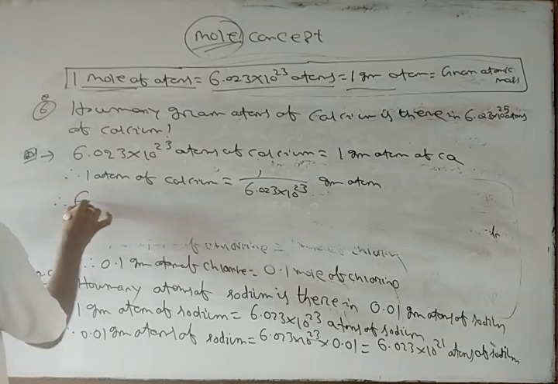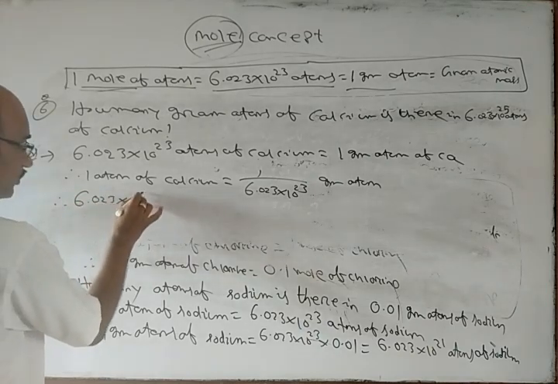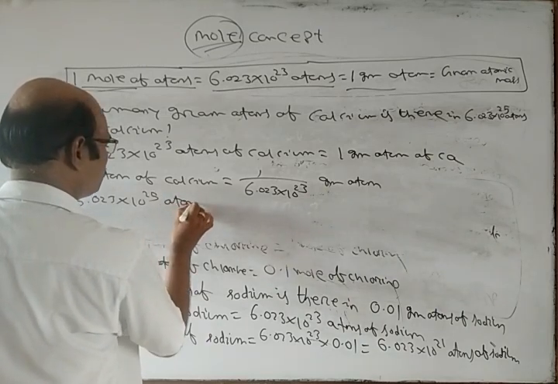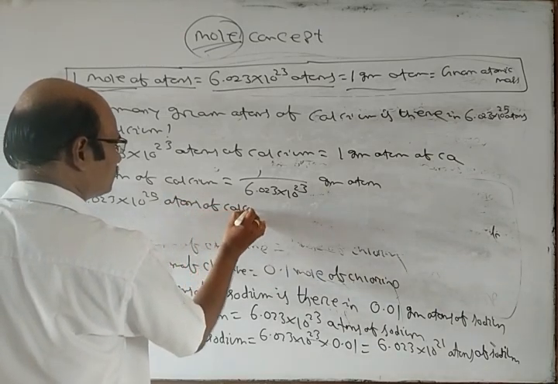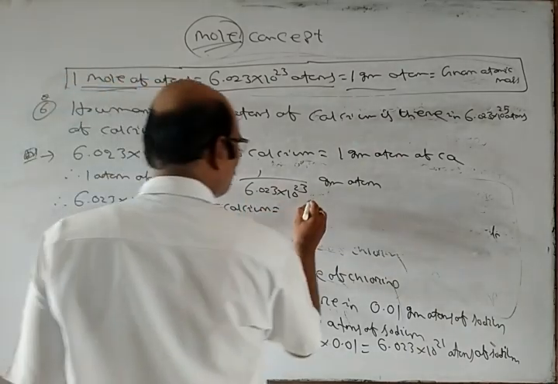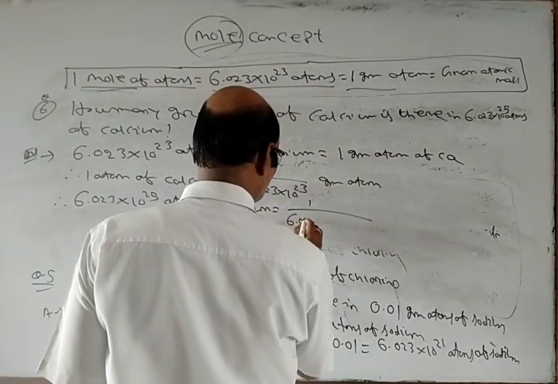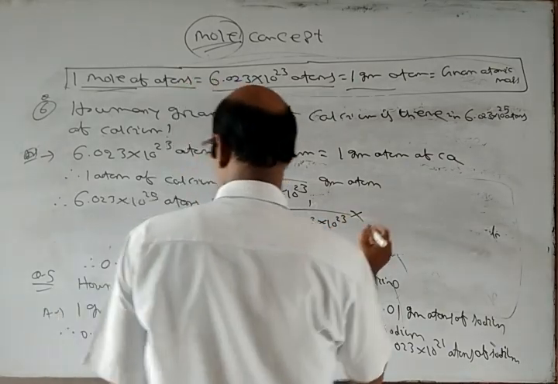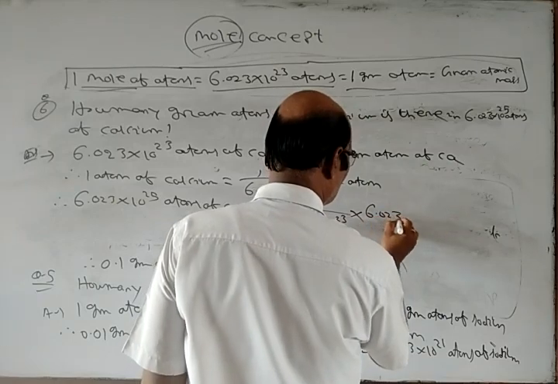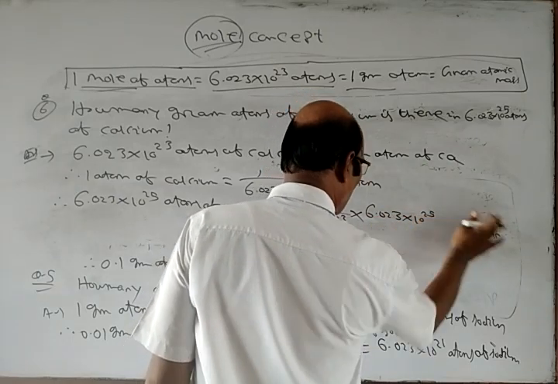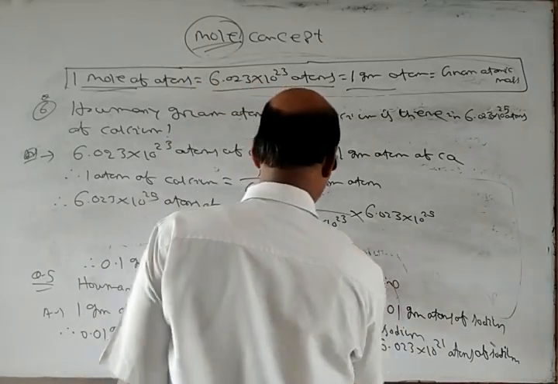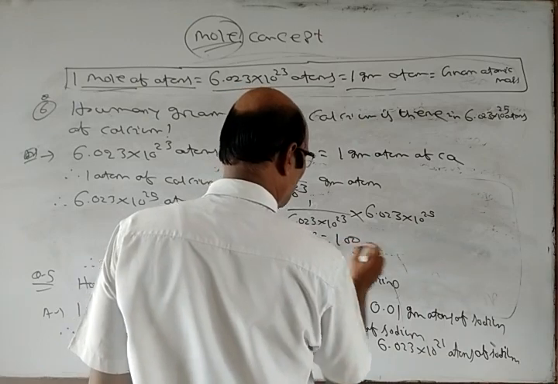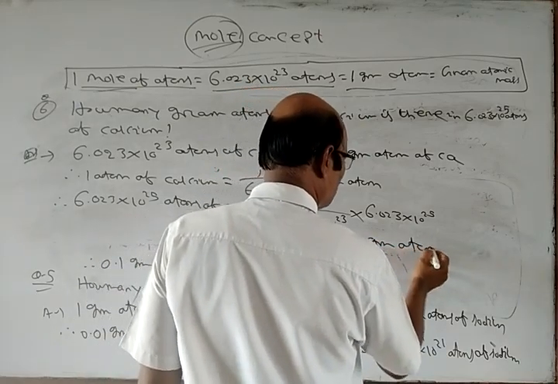Therefore 6.023 into 10 power 25 atoms of calcium is equal to 1 by 6.023 into 10 power 23 into 6.023 into 10 power 25, which is 10 power 2, equal to 100 gram atoms.